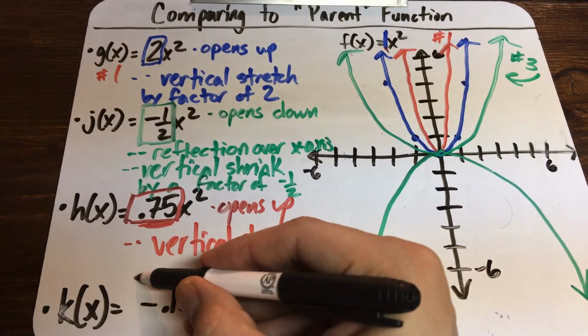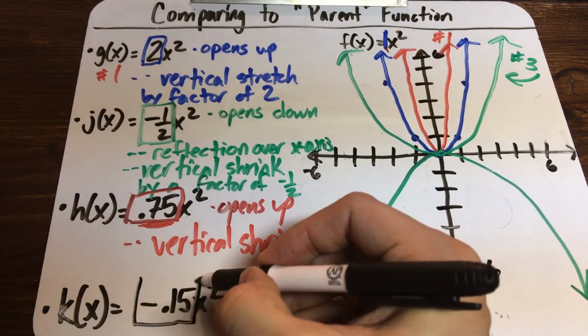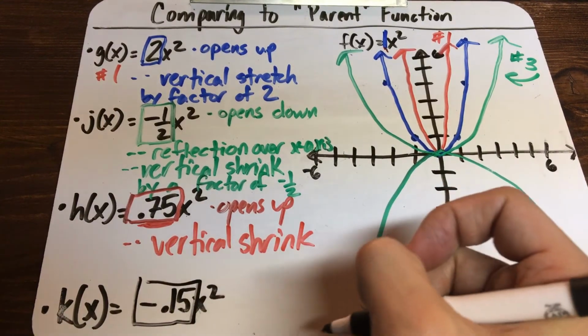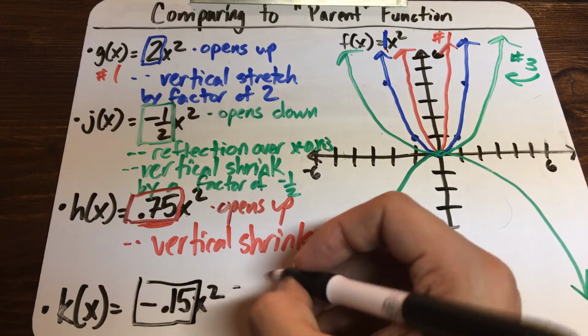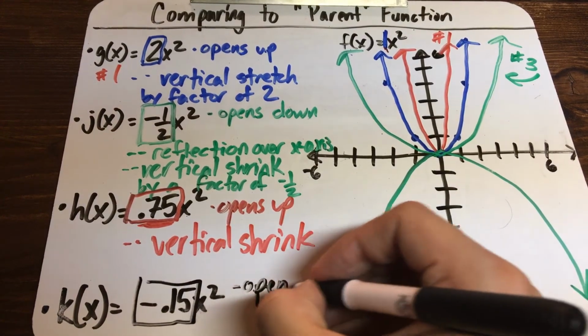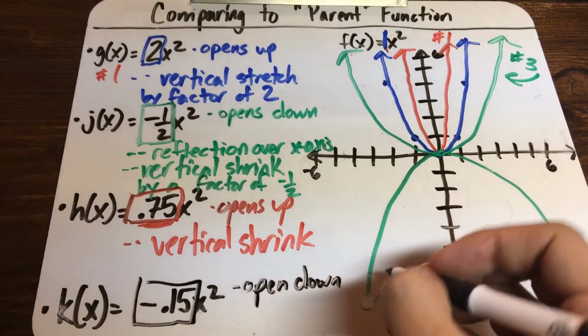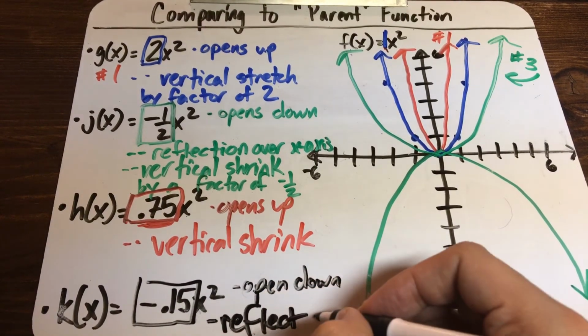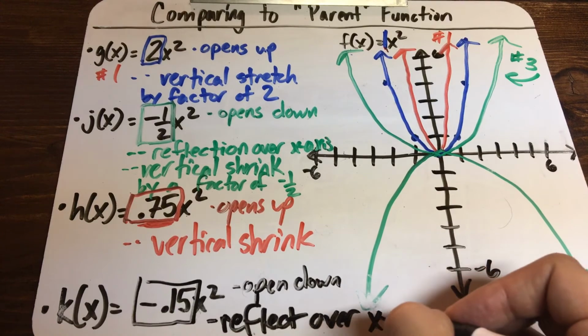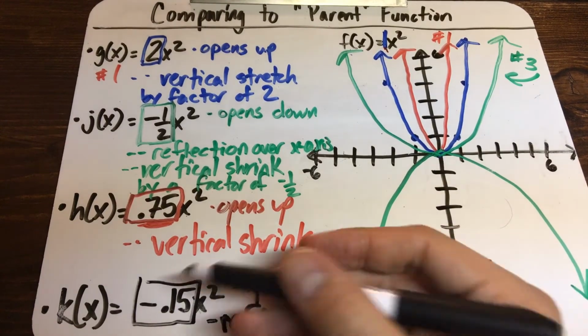Down here, number 4, it says k of x equals -0.15. -0.15 means that it's going to open down because it's negative. So that's a reflection in the x-axis, or over the x-axis. Here's another one that's a lot like letter J up here.